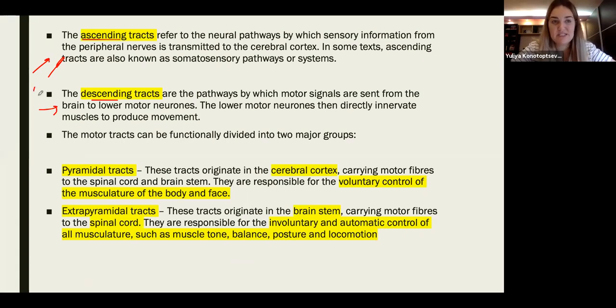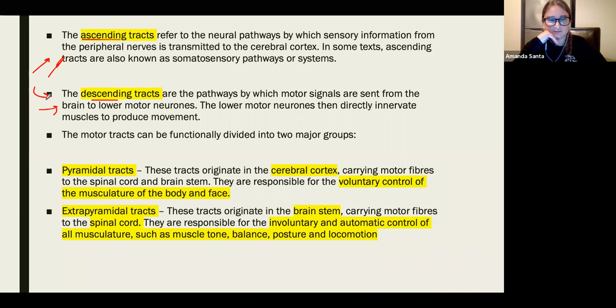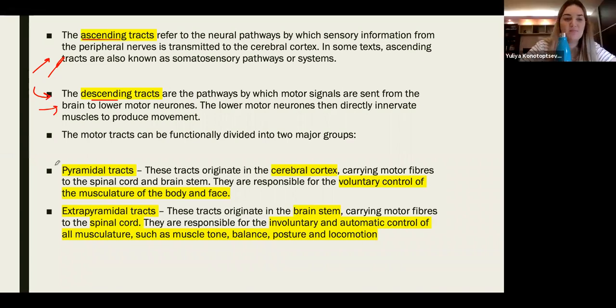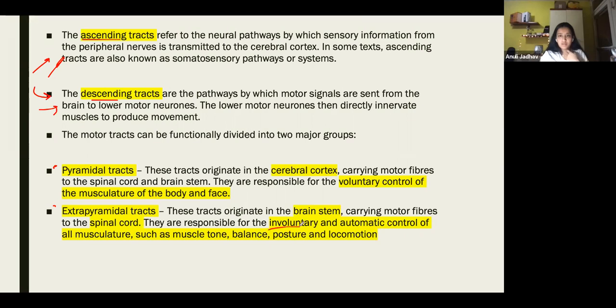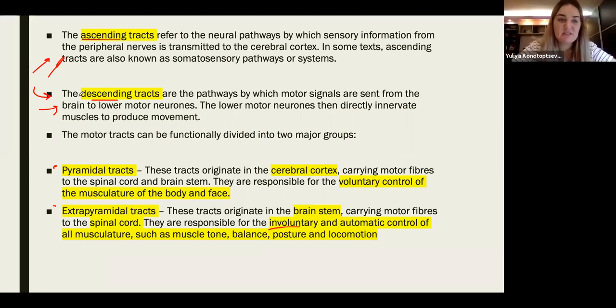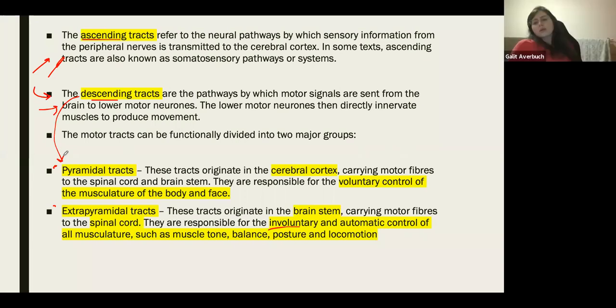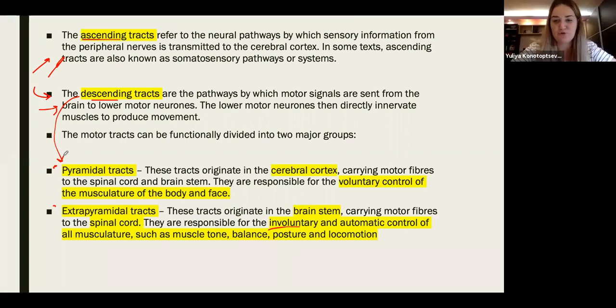Give me a couple of descending tracts. Tectospinal. Very good. Is it pyramidal or extrapyramidal? Extrapyramidal. Very good. Tectospinal is extrapyramidal because it's involuntary. Give me an example of descending pyramidal. Corticospinal. Perfect. Lateral and anterior corticospinal tracts together with corticobulbar.